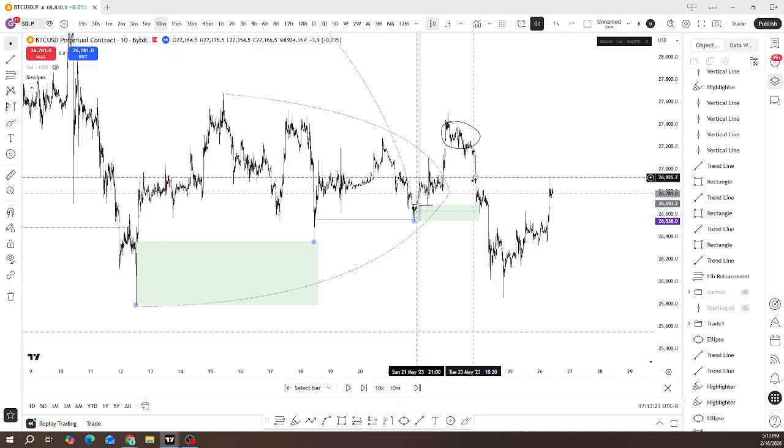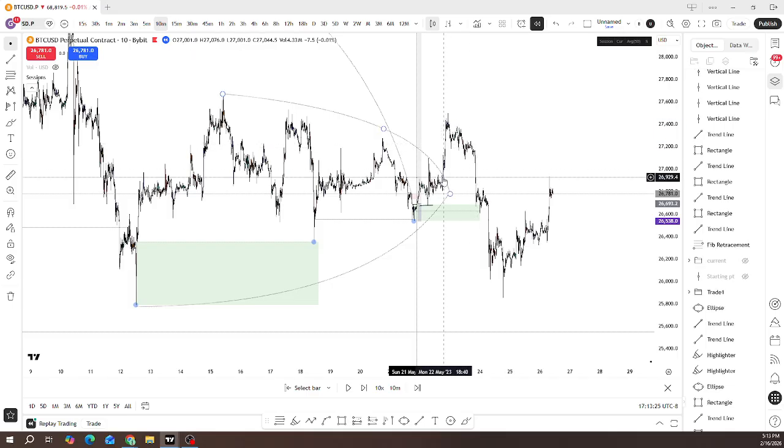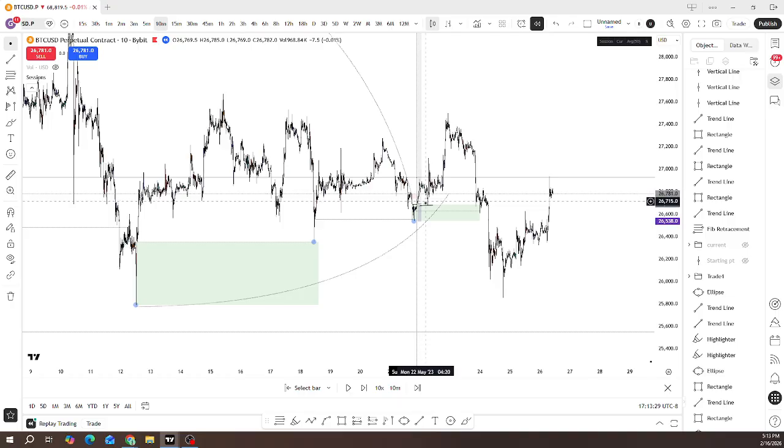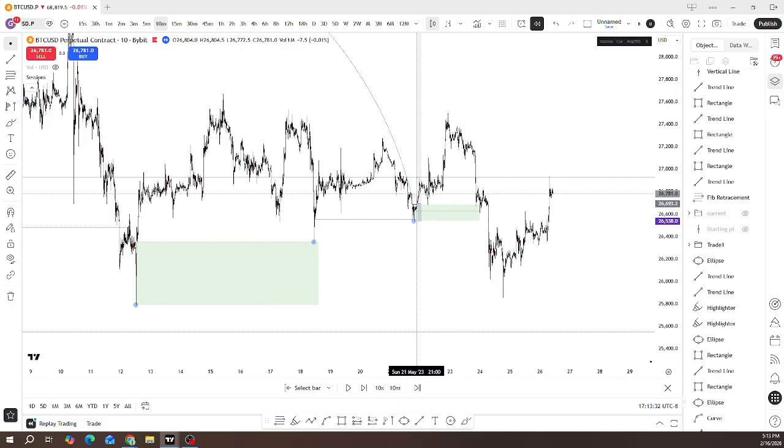So yeah, for that reason, with the new demand creation, the move up, I have to say it would have been valid to trail there. Upon seeing that, just yeah, trail your stop. Go where this go. Stop loss break even.